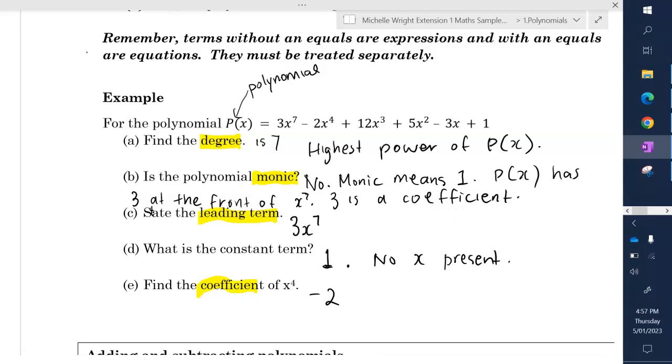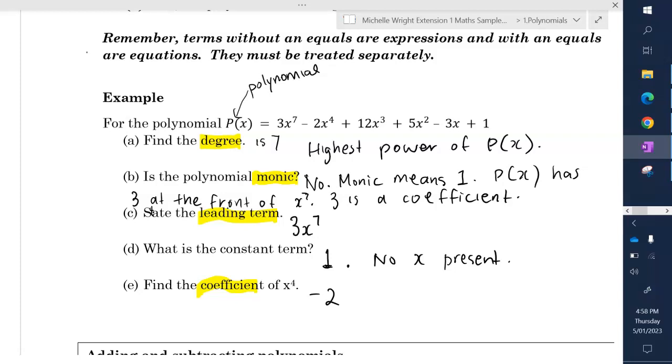So we've looked at the terms. Degree is the highest power. It's monic if the term that has the highest power has a 1 out the front. So if that 3 was a 1, this would be a monic polynomial. Ours is not. The leading term is all of the term that has the highest power, so 3x to the 7 is our leading term.